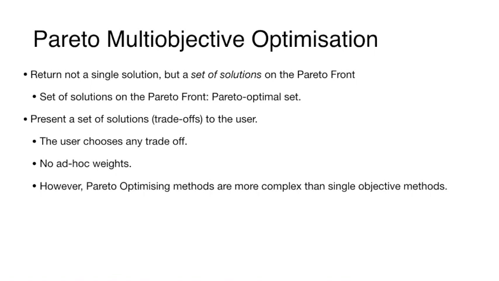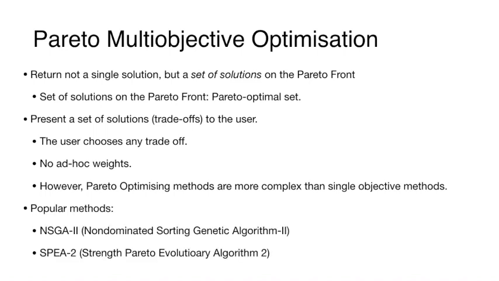Notice there are no ad hoc weights in Pareto optimization. However, the flip side is that Pareto optimization algorithms are far more complex than single objective optimization methods. And I'm going to show you the names of the two most popular Pareto optimization methods.